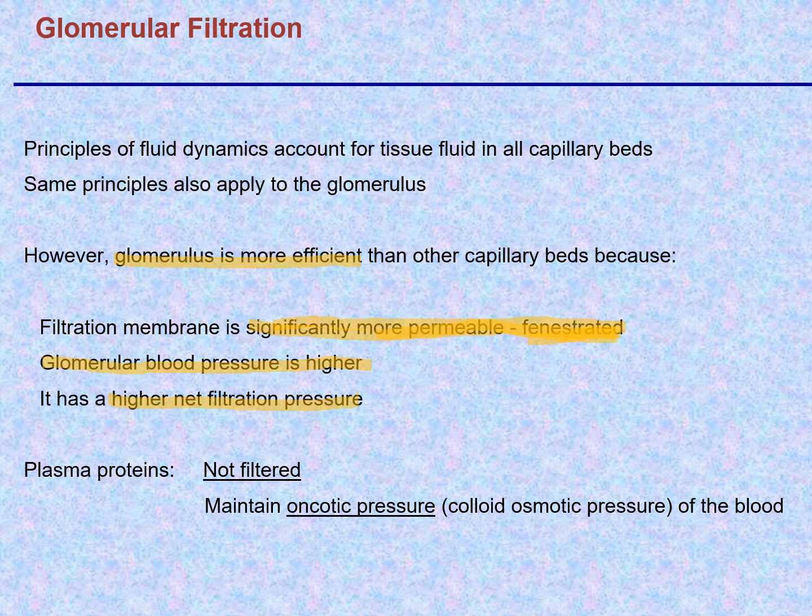Blood plasma proteins do not get filtered. They don't exit the bloodstream at all. And they help maintain what's called colloid osmotic pressure of the blood, or oncotic pressure.